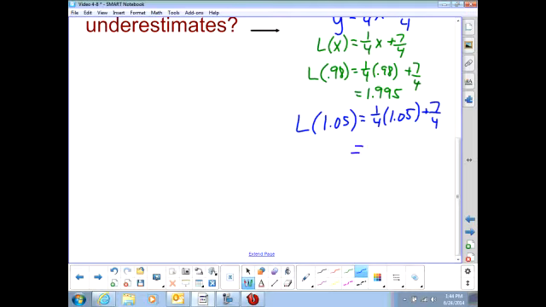When we plug those in, we should end up getting 2.0125. Now, these are not the exact values of the square root of 3.98 and 4.05, but they are approximately what they are. And doing this is a lot easier than actually figuring out what the square root of 3.98 is, or what the square root of 4.05 is.